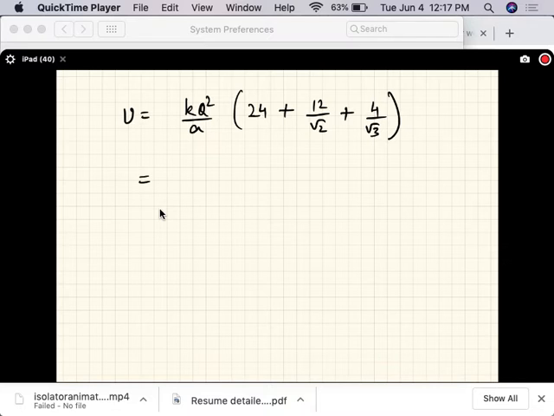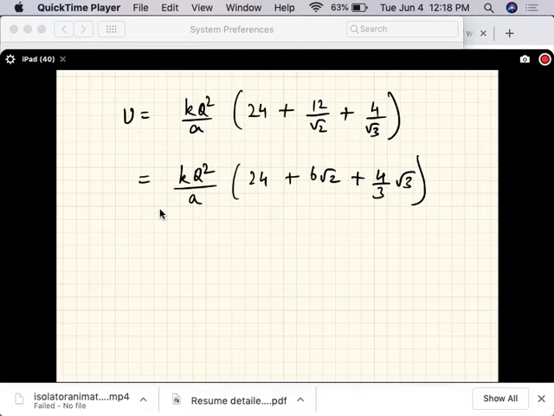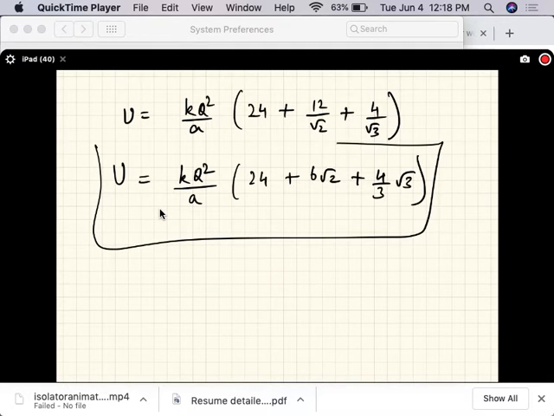And if you want to simplify this further, 6 times 4 plus 2 root 2 plus 4 by root 3. Okay, so there is the total potential energy.